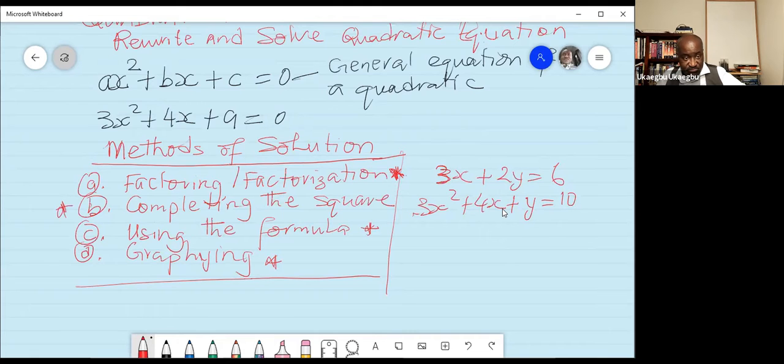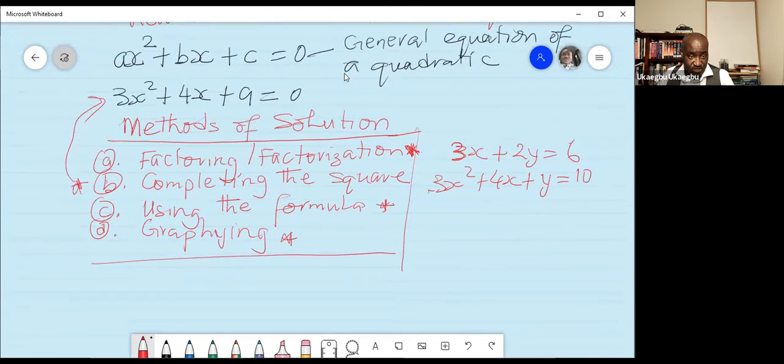Correct me if I'm wrong. Okay, so now based on that, let's use completing the square to solve the one that you provided. And then we can solve one or two more before we begin to rewrite the equation.